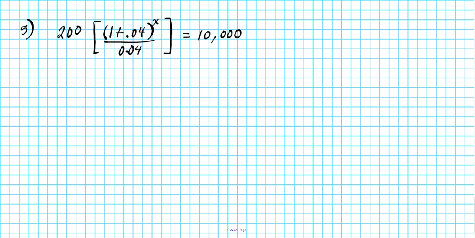So first things first, let's see. We can divide both sides of our equation by 200. So divide both sides by 200 or multiply by 1 over 200 is exactly the same thing.